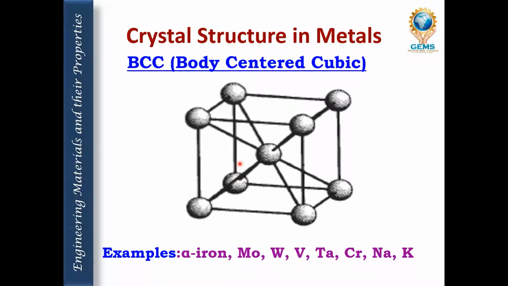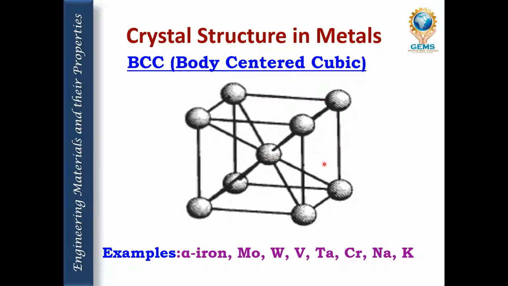So basically body centered cubic is a type of crystal structure in metal. This structure can be seen as a gathering of cubes with atoms at the corners and an atom in the center of every cube. That means every cube has a center atom. That is what the body centered cubic is all about.